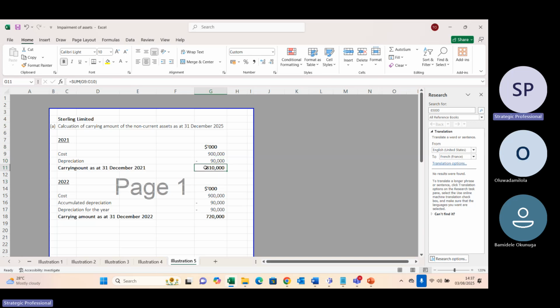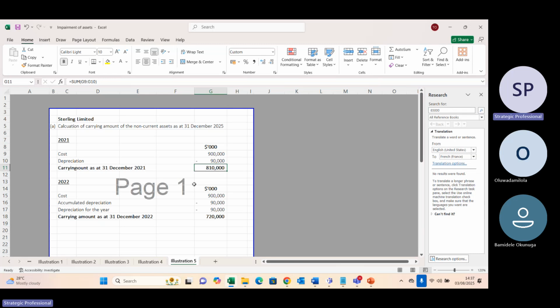Meaning that as at the end of 31st December 2021, what will be reported in the statement of financial position of the company as the non-current asset will be 810,000 naira. But the question is asking for the value of the non-current asset as at 31st December 2025.